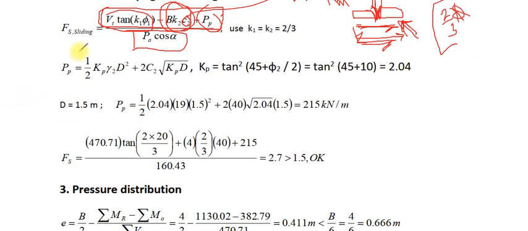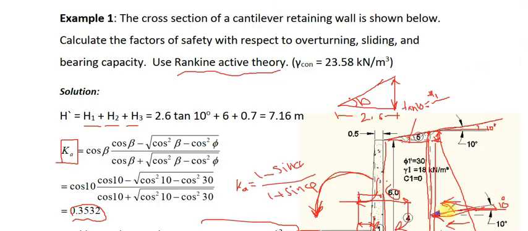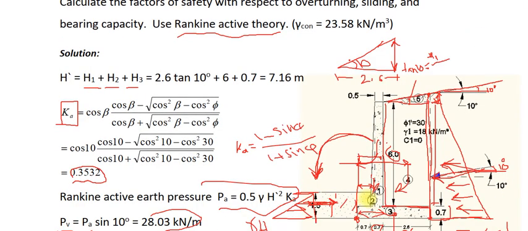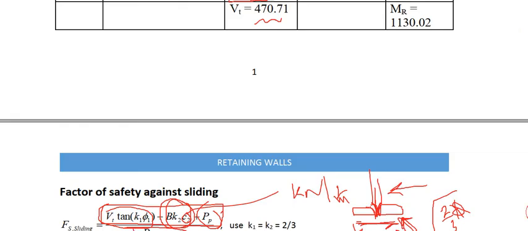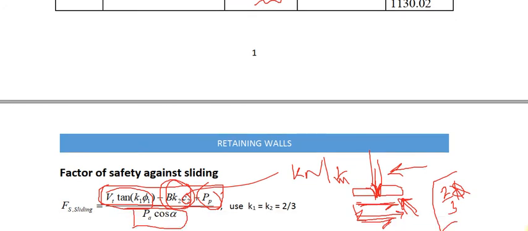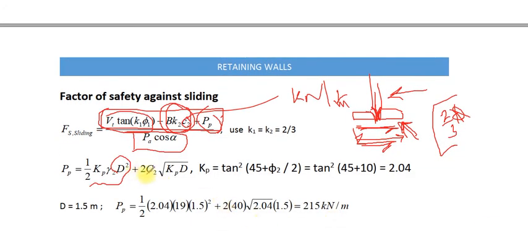P passive equals 1 over 2 K passive gamma d square. D is the height of the soil here in front of the retaining wall. The height is d, plus 2 cohesion.